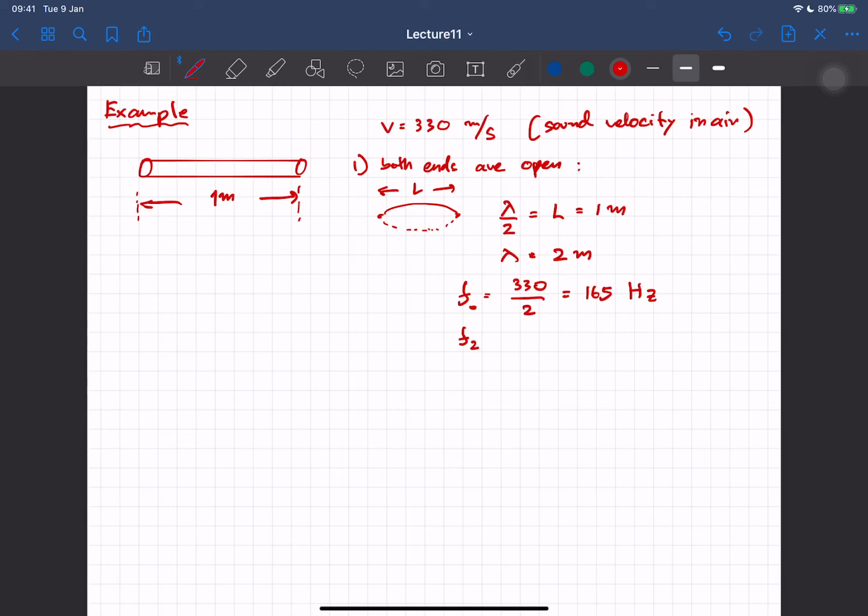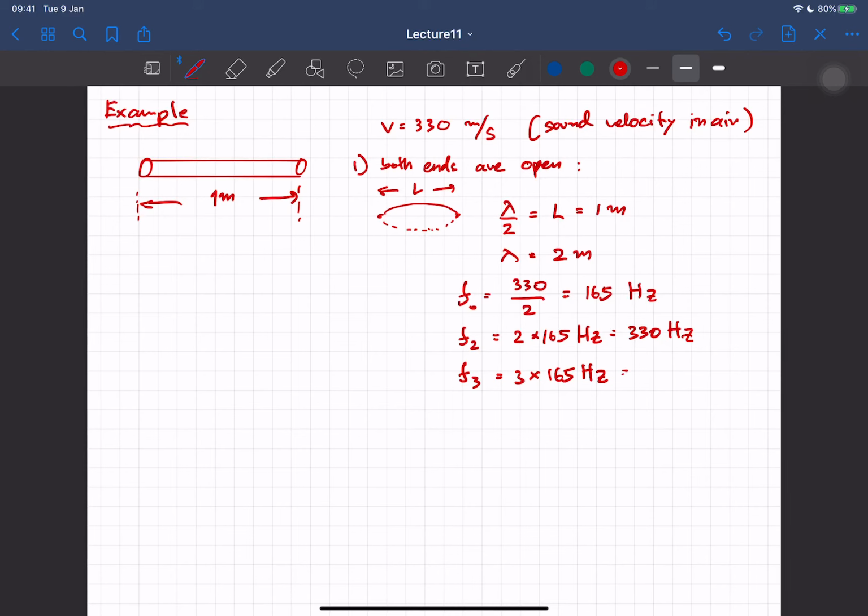The next one is the second harmonic, because we know that this is the case where you have all possible harmonics, right? You don't skip the even ones here. So that's going to be 2 times 165 Hertz, so that's 330 Hertz. F3, the third harmonic, is 3 times 165.